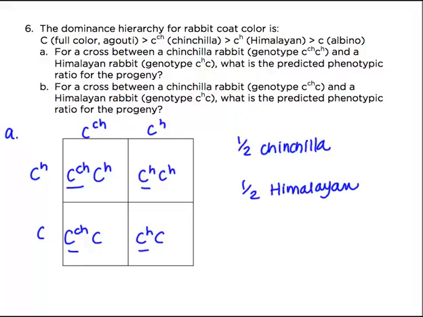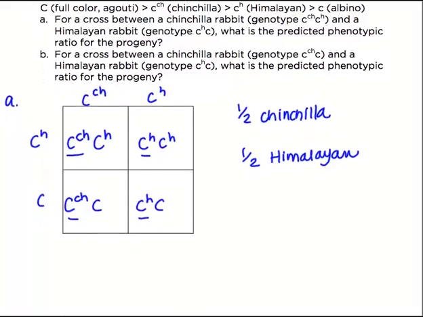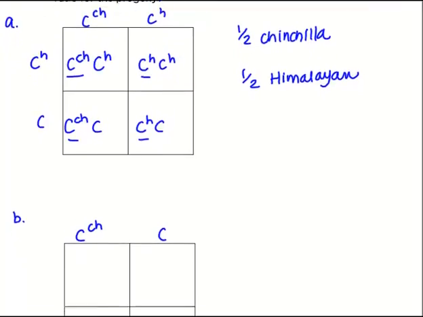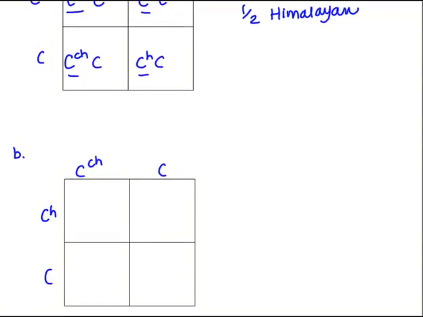Okay. Now for part B, you have another cross between a chinchilla and a Himalayan rabbit, but the genotype of the chinchilla is a little bit different. So the chinchilla is c, ch, and then c. And the Himalayan is ch, c. So when you fill out this Punnett square, you'll see that it's a little bit different from part A. Because chinchilla is dominant over both Himalayan and albino, these two individuals are chinchilla.